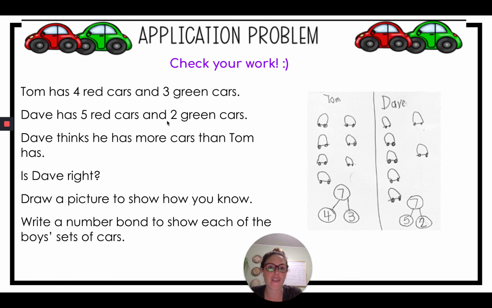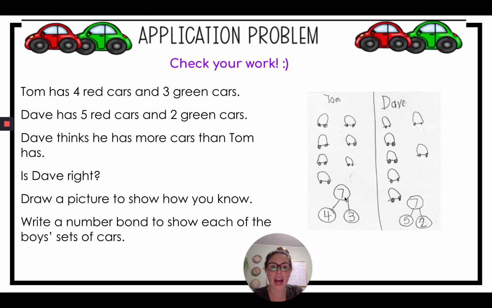Dave had 5 red cars, so I put the 5 here, and 2 green cars. Once I had all of my cars drawn, I could count and see how many I had. I saw 2 parts, a group of 4 and a group of 3. I knew then that I could use it to make my number bond with 4, 3, and 7.